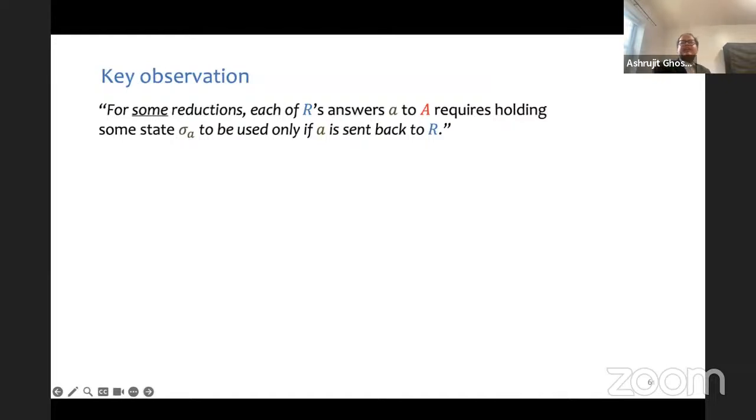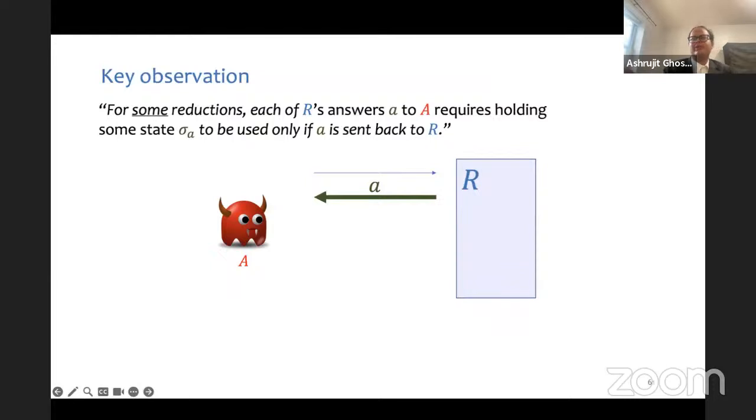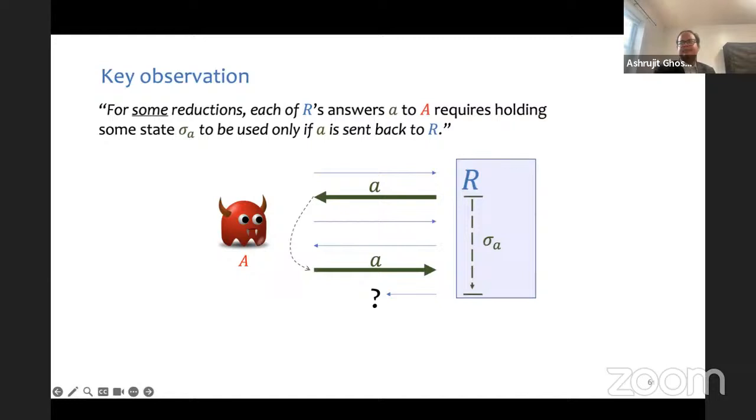The starting point of my toolbox is the following key observation. For some reductions, if R answers some query with some value little a, it needs to hold some state sigma a that will be used only if the adversary sends back little a at some point in the future. So in order to make such a reduction use limited memory, we need to figure out a way to avoid storing the state sigma a.